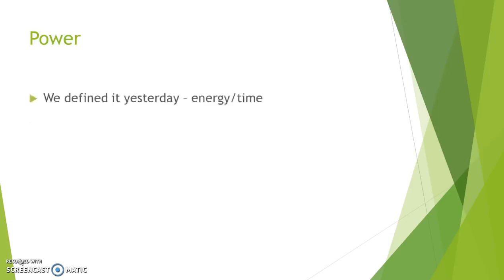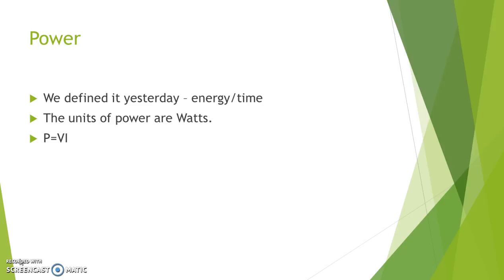Okay, so we defined power yesterday. We talked about it being an amount of energy consumed per unit time, and the units of power are watts. We can calculate power by simply taking the product of the voltage, the potential, times the current.